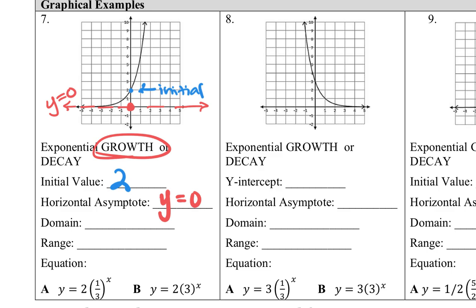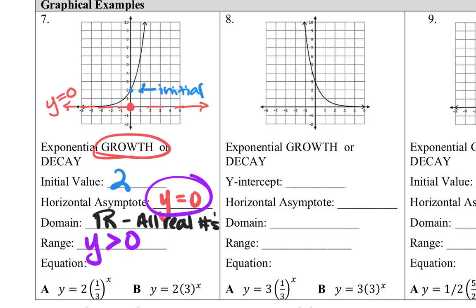You can do your symbol, or you can write all real numbers. Whichever one you want to do, just know both. Your range, from that horizontal asymptote, always has to be greater than 0. We'll never touch 0, just always be greater than.